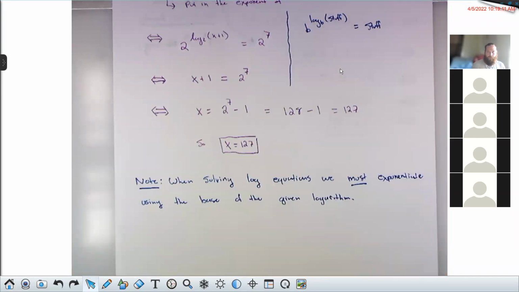So if my variable is trapped inside of a base 7 log, I have to exponentiate both sides using base 7. If my variable is trapped inside of a natural log, I have to exponentiate both sides using the base e. We don't have the choice of the flexibility here that we have with exponential equations, unfortunately. Good questions.